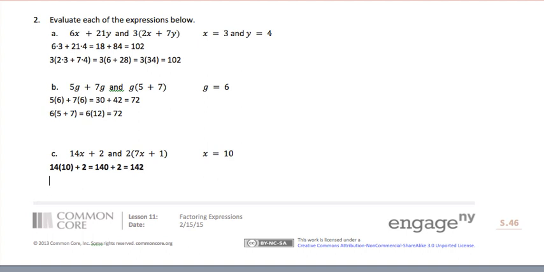And then our second, 2 times 7 times 10 plus 1. And 7 times 10 is 70 plus 1. 2 times 71 equals 142.